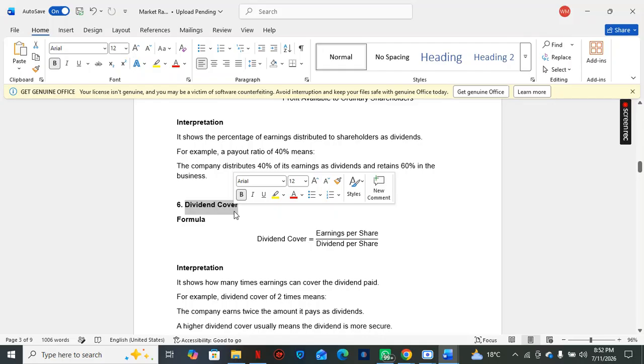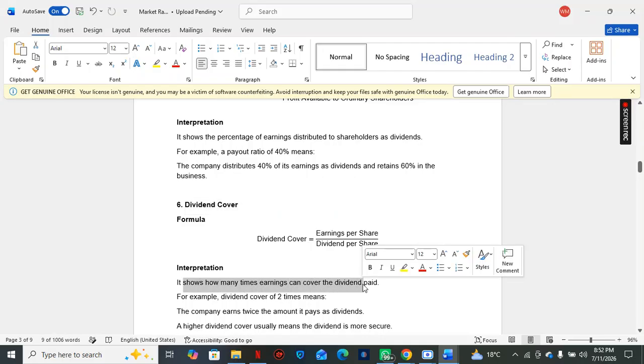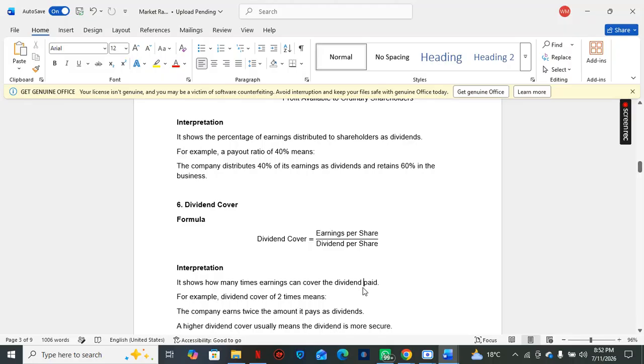Then we've got dividend cover. How many times can the earnings cover the dividend paid? Basically, how many times the profit can pay out the dividends. A higher dividend cover just means the profit that the company has made can pay dividends more times.